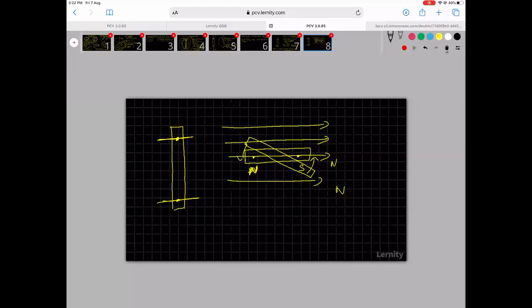Accordingly, it will be the pole strength into 2L, where 2L is the distance between these two points. That is an assumption that the entire so-called north pole, also called the positive pole, is concentrated at this point, and the entire negative pole is concentrated at this point.